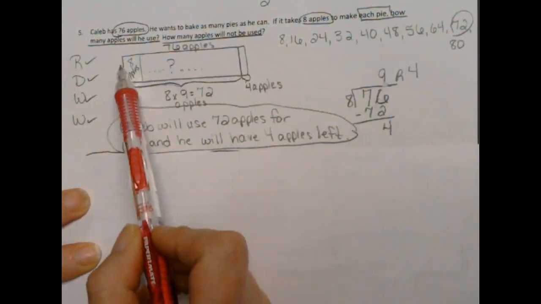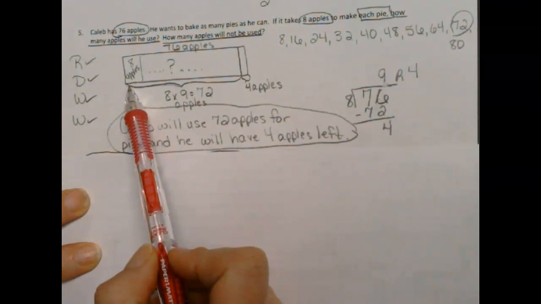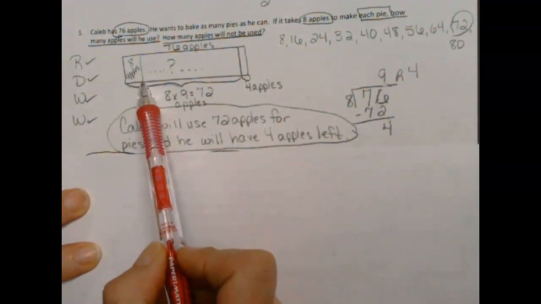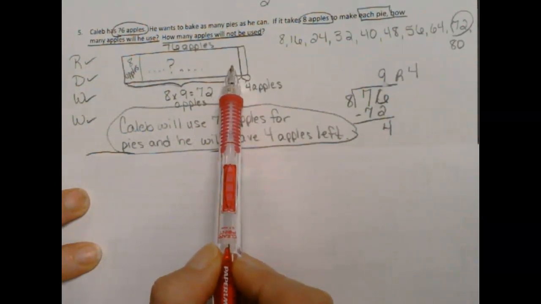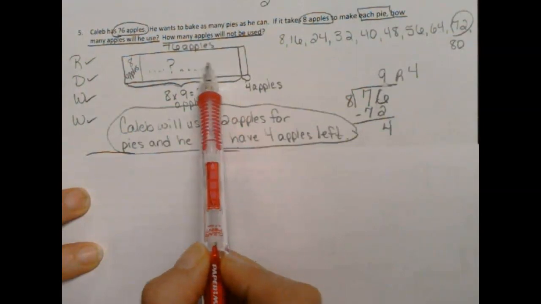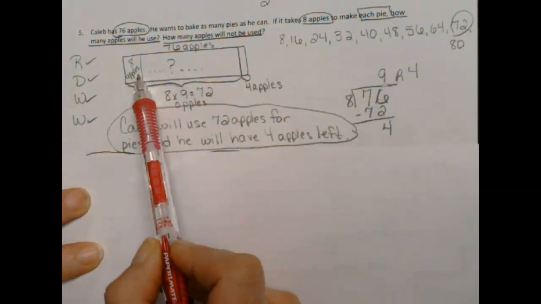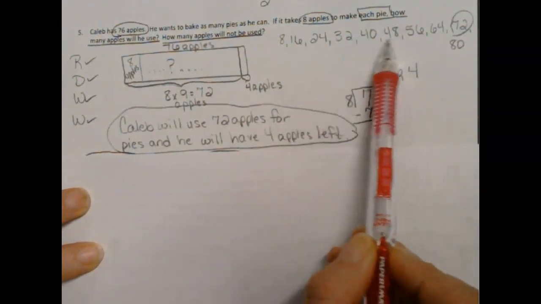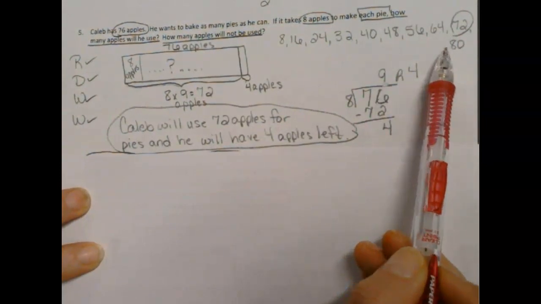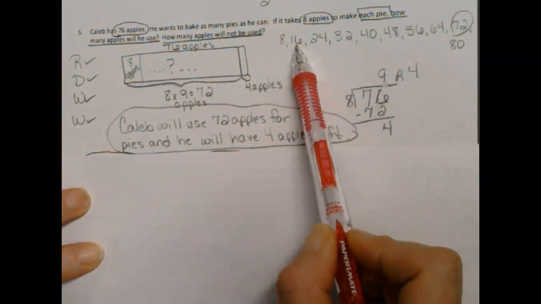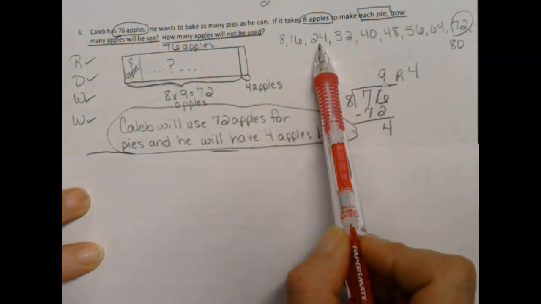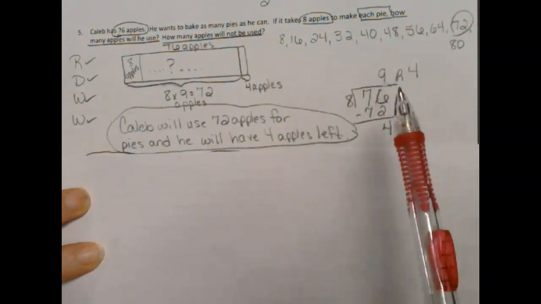So what I did is I drew my tape diagram, and I knew that there were 8 apples in each pie, but I didn't know exactly how many pies he's going to have to make. So I had to think about my multiplication. Well, if each pie has 8 apples, I came over here and I wrote my multiples of 8. So I knew that 1 pie is 8, 2 pies 16 apples, 3 pies are 24 apples, and so on and so forth.